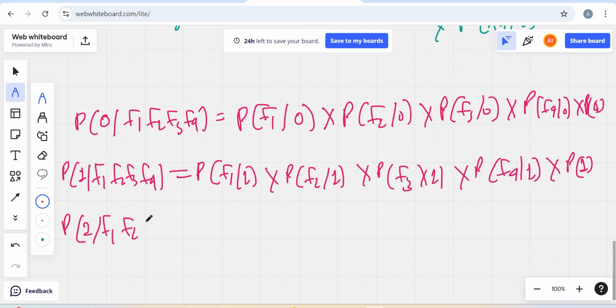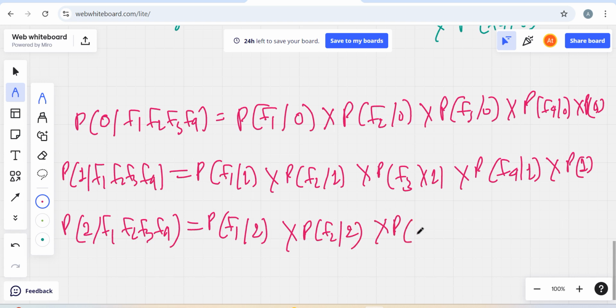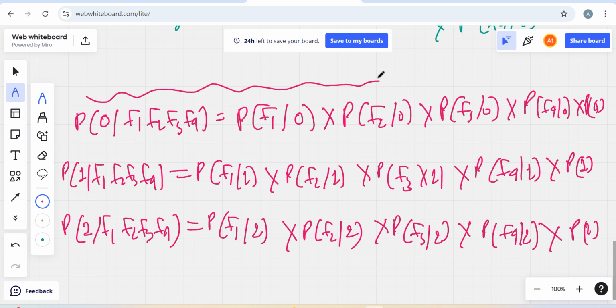So our equation will be like that: probability of feature 1 given 2 multiply probability of feature 2 given 2 multiply probability of feature 3 given 2 multiply probability of feature 4 given 2 multiply probability of 2. So this is my final equation, and I need to write Python code for this.